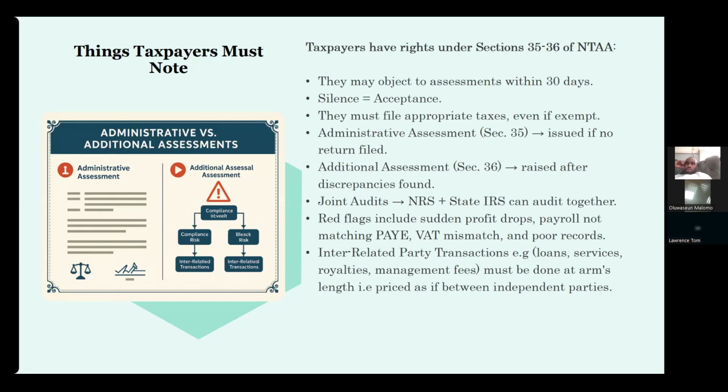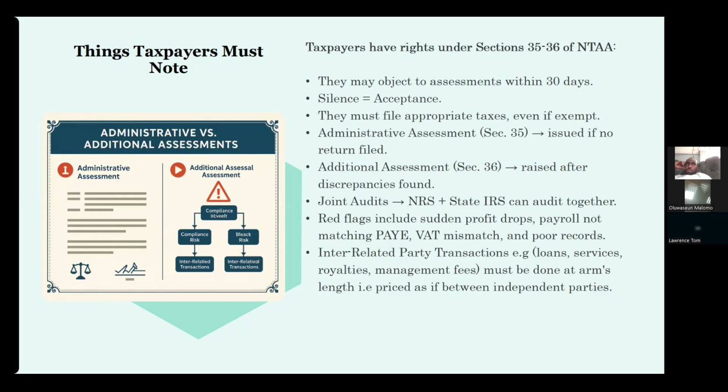So definitely, I know of people that whenever they receive a letter from FIRS, they start panicking. Some of us see FIRS like police officers. Some people just don't want to hear anything about it. But like I said, if you are compliant, there is nothing to be afraid of.